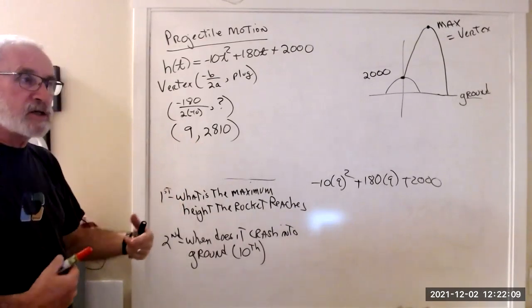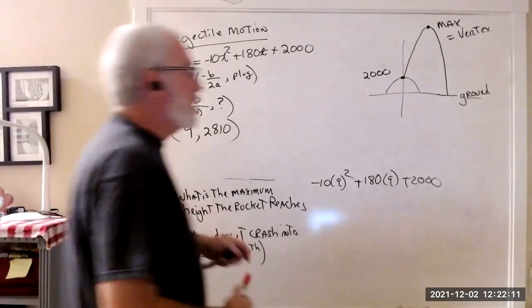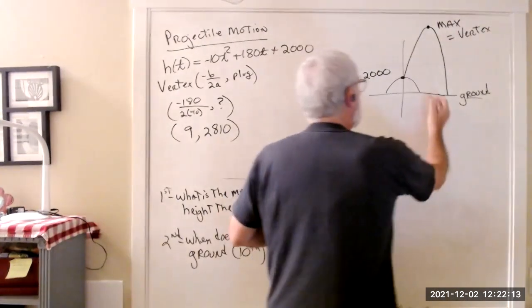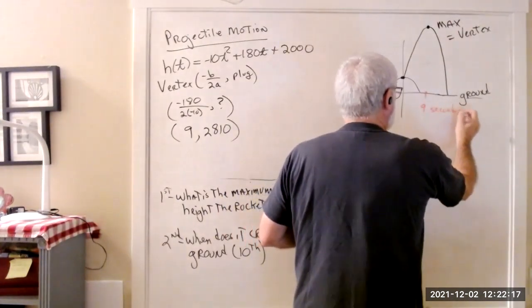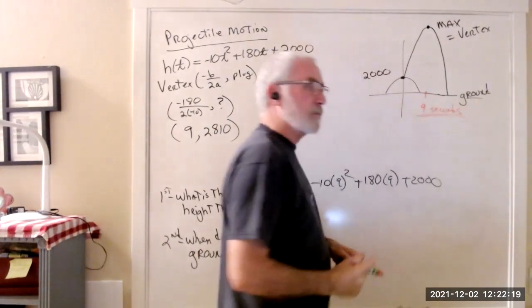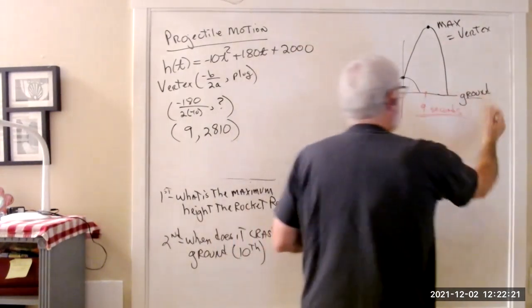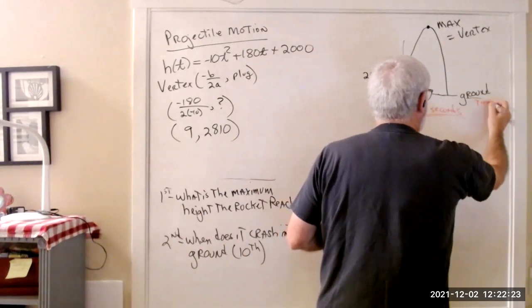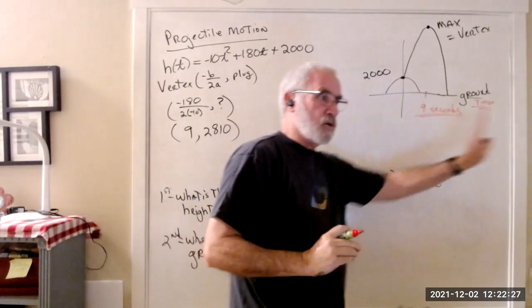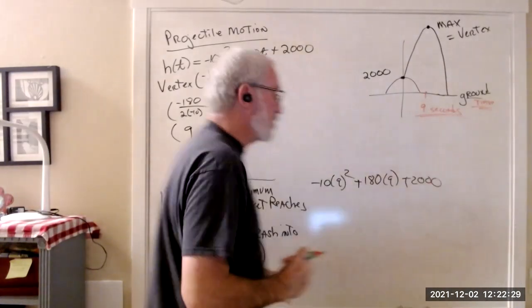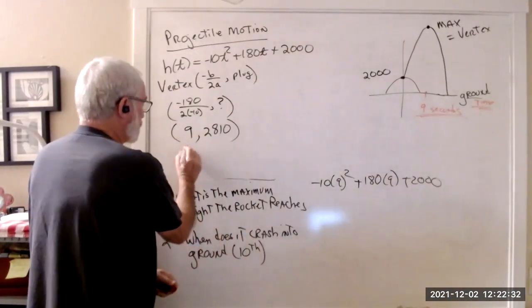What is it trying to tell you? Well, the 9 is in 9 seconds, because this is a time axis. Time is measured instead of the x-axis, this is the time axis.